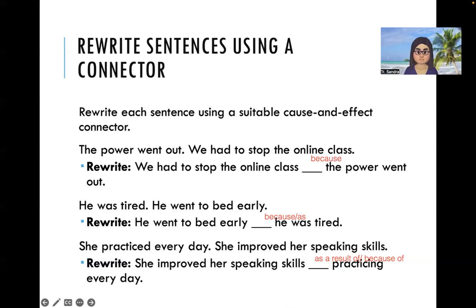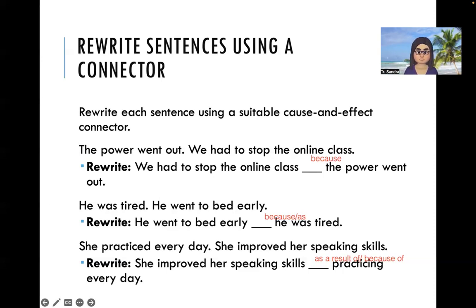Since is quite common in spoken English and sounds like a more casual, natural explanation, okay?